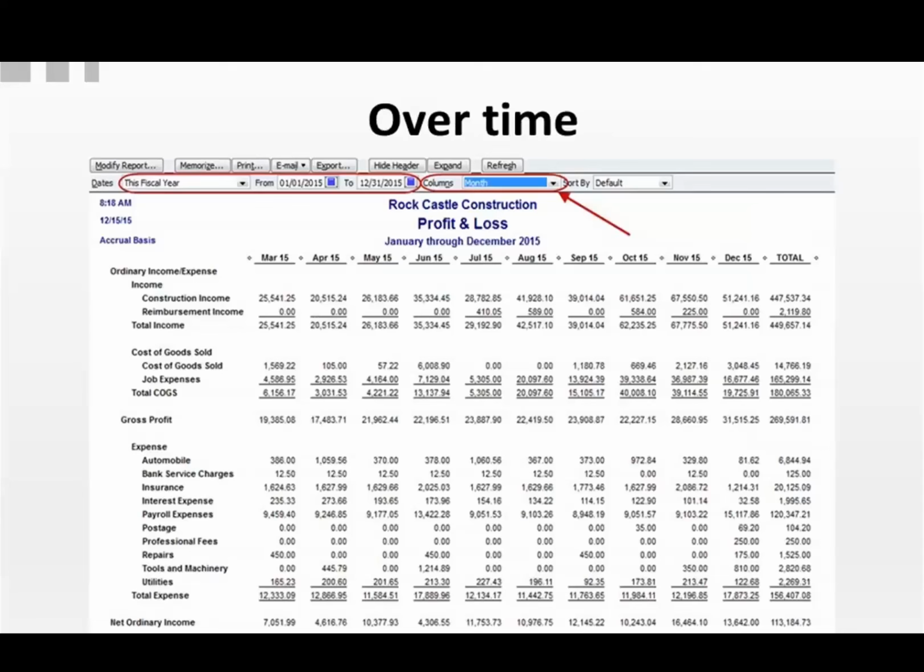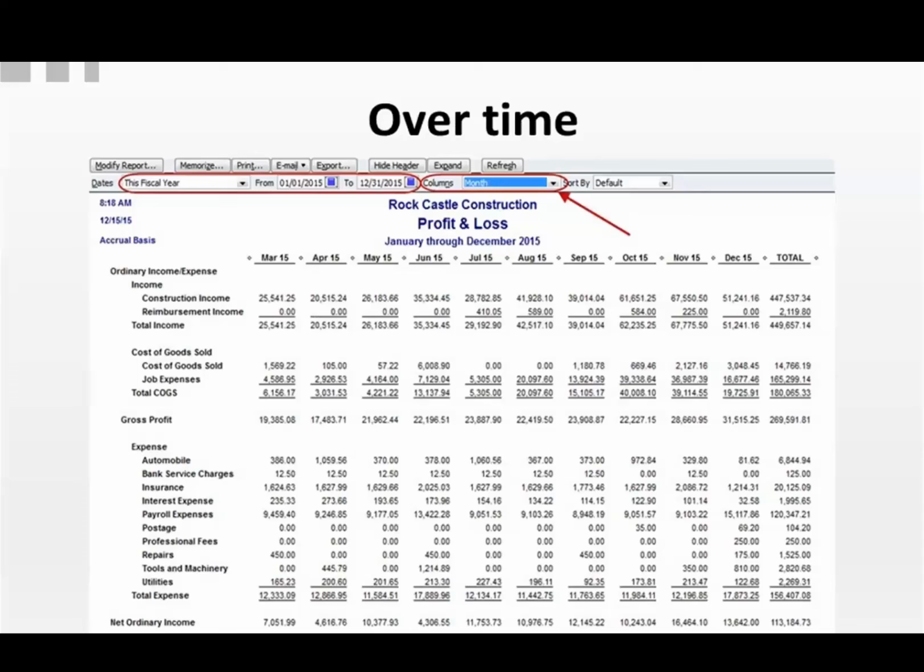And another category of the income statement is to look at the profit and loss over a period of time. In this case, we've got one report that's showing us every month over the course of this fiscal year, and we're able to see how we did month to month, and this allows us to identify trends.